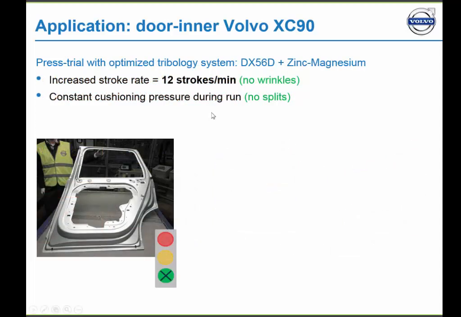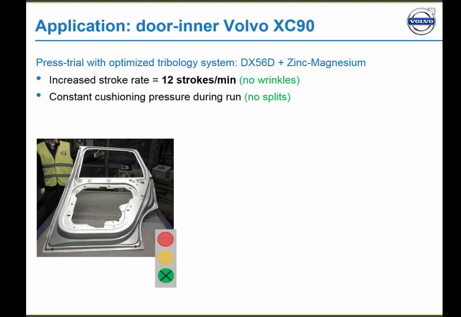So using the TriboForm software, it gives you the possibility to look at temperature variations, but for example also to look at the influence of your sheet coating or the influence of your tooling coating on product stability.